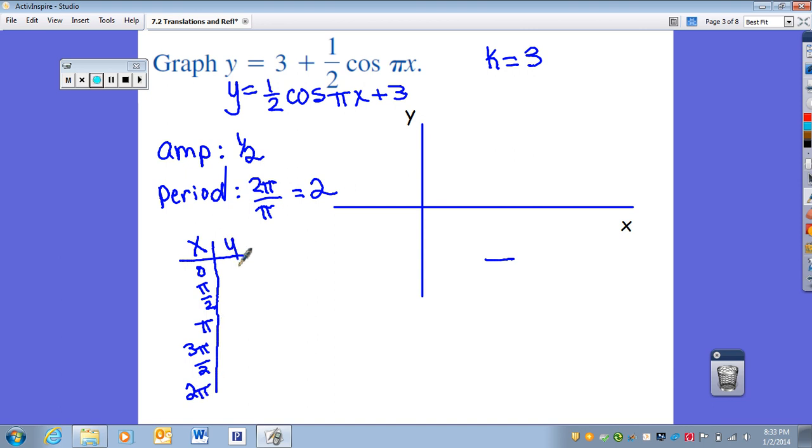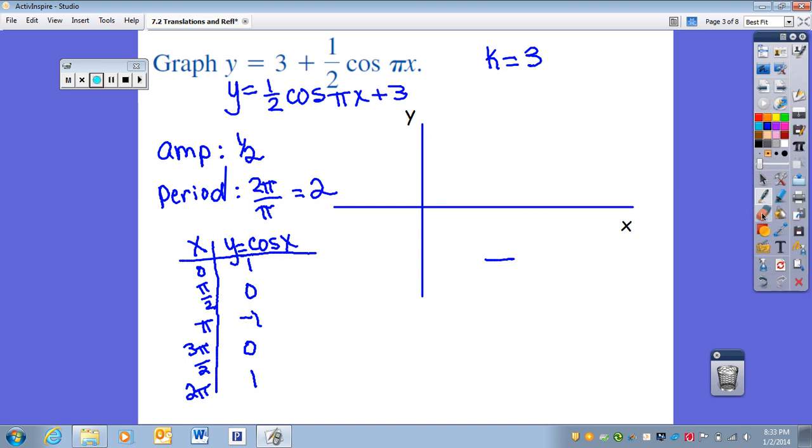Then our cosine of x, we begin with our cosine value being positive 1, back to 0, negative 1, back to 0, and to positive 1.